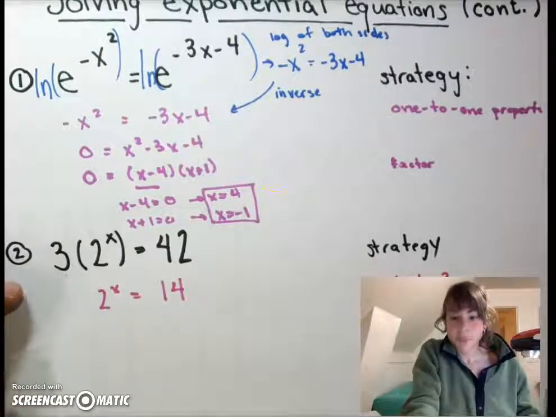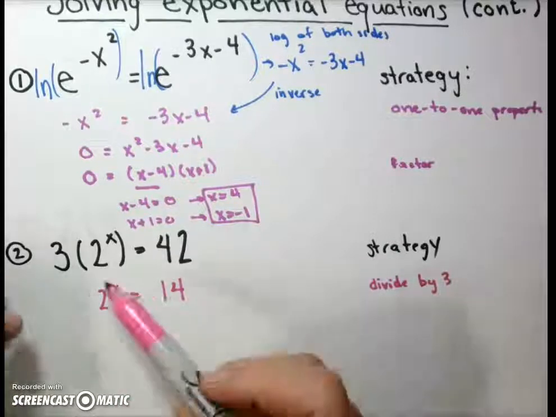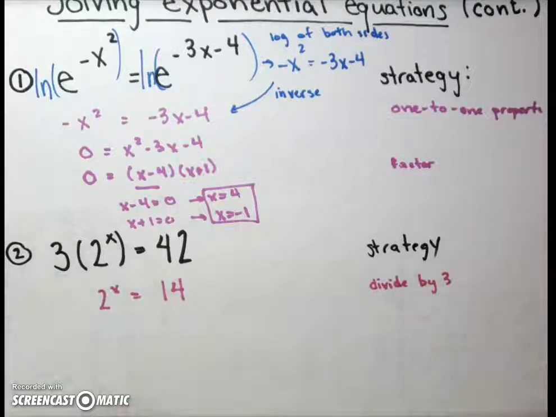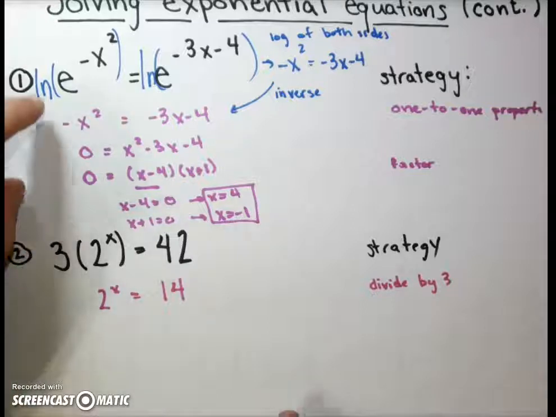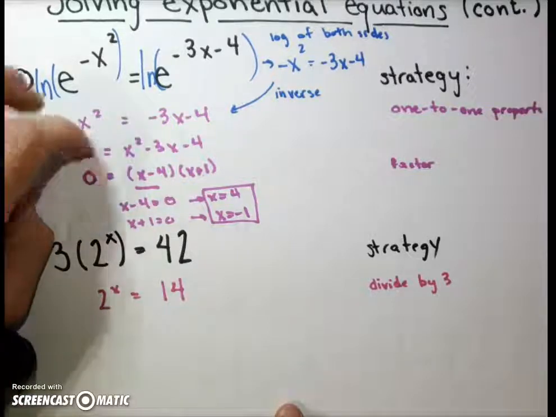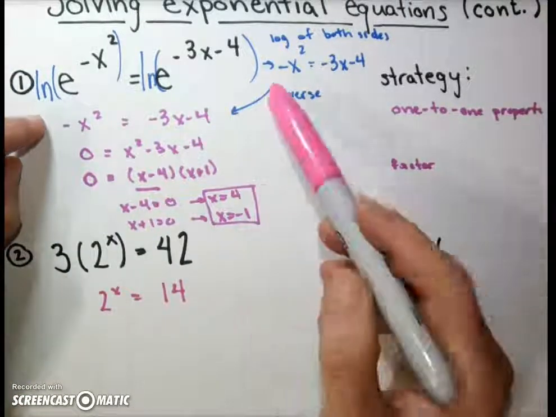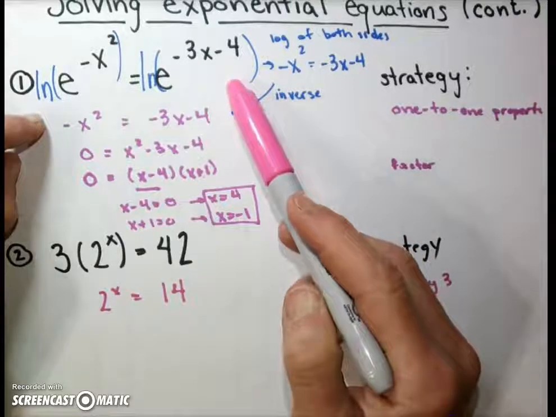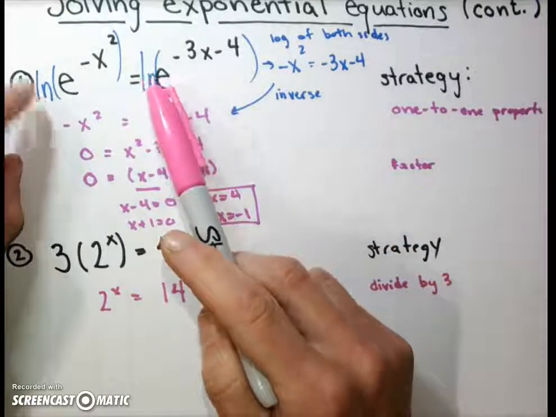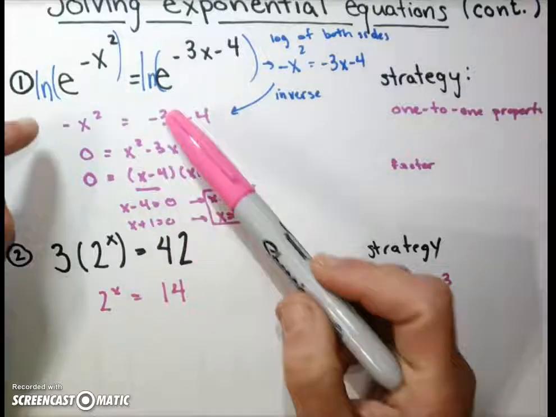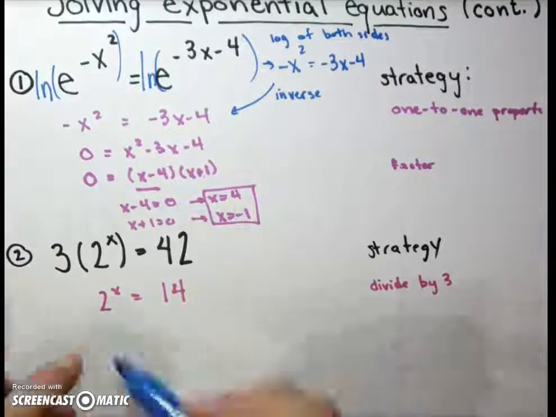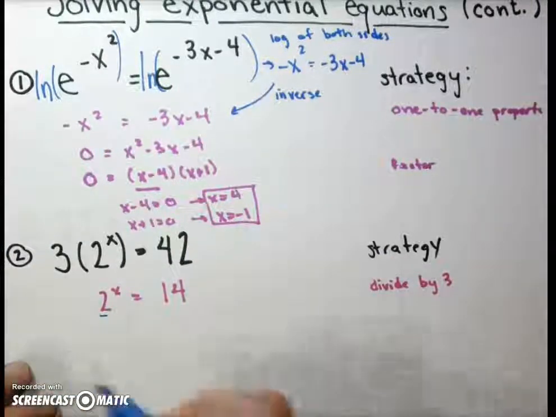Now, what I need to do is get this x out of the exponent and get it to be just part of the equation down here. So I'm going to use the inverse property. I'm going to have to take a log of both sides. The base of the log is going to have to be the same as the base of this exponent.